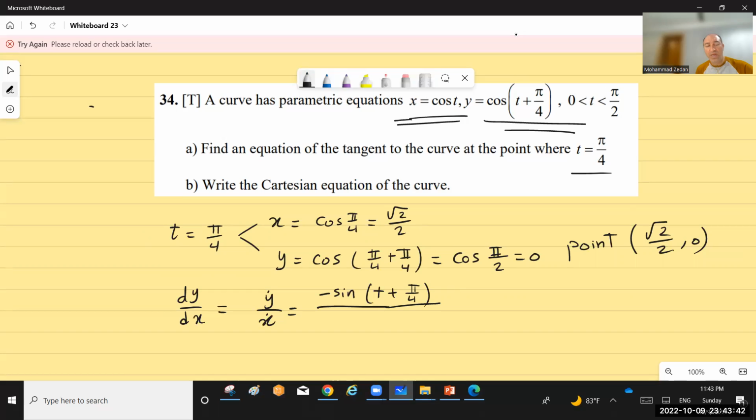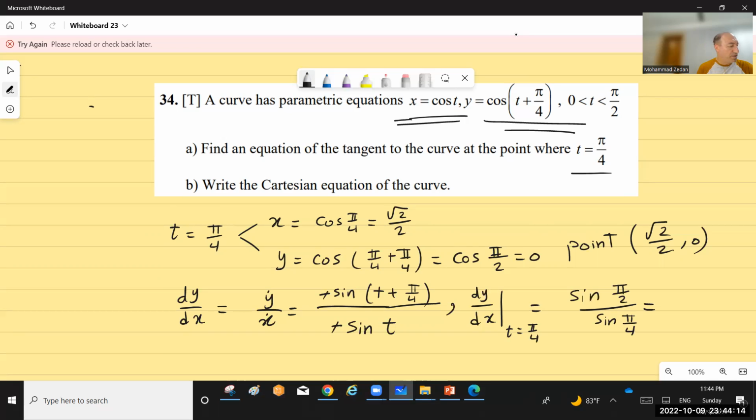And x dot is the derivative, negative sine t also. So negative over negative cancels. So the slope of the tangent, dy by dx at t equals pi over 4, equals sine of (pi over 4 plus pi over 4), which is sine pi over 2, over sine pi over 4.